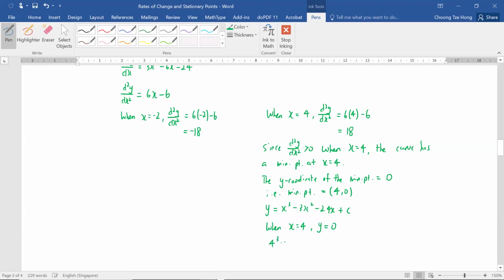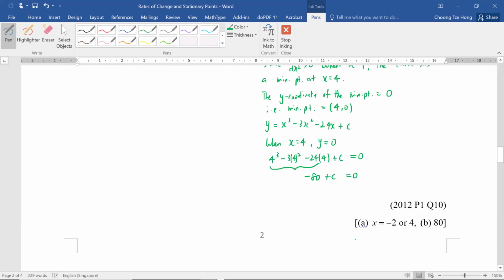So 4 cubed minus 3 times 4 squared minus 24 times 4 plus c will be equal to 0. If you compute all these, you will get negative 80 plus c equals 0. So c will be equal to 80. Indeed, this will be the answer for part B of the question.